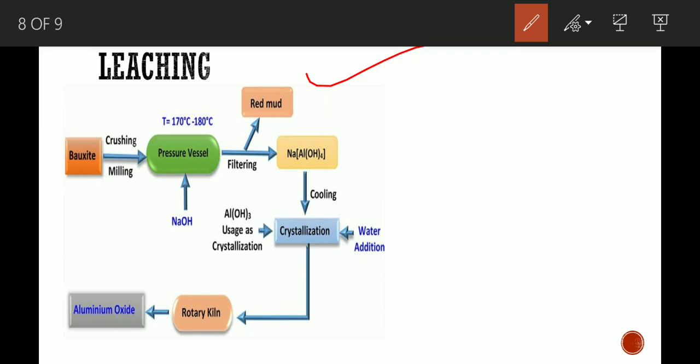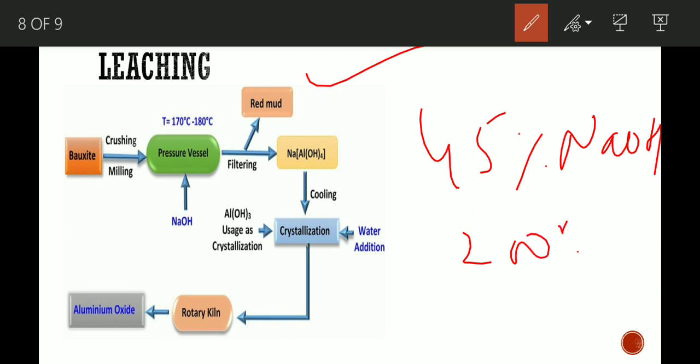In this process, bauxite is used. In Bayer's process, for red bauxite, the ore is continuously stirred with 45% sodium hydroxide at a temperature of 200 to 250 degrees Celsius to collect the solution of sodium meta-aluminate.